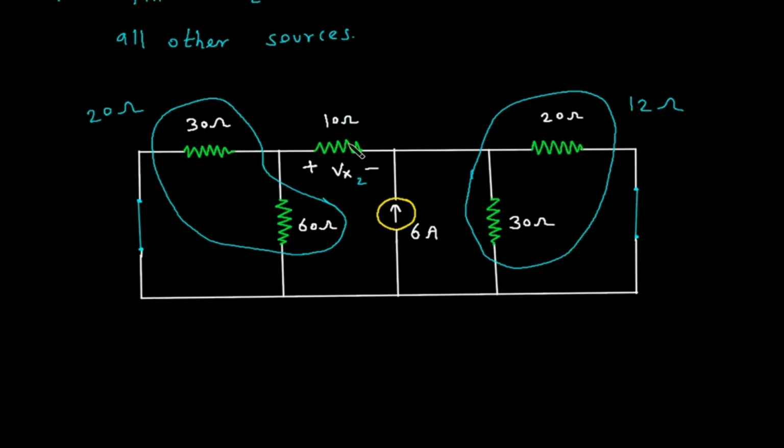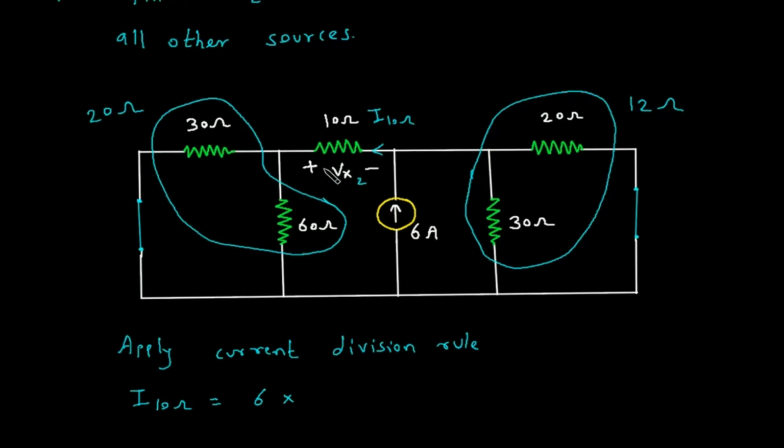Or directly we can find using current division rule. Let's say this is current I 10 ohm. So apply current division rule. So using current division rule, I 10 ohm is equal to this current, which is 6 ampere, into opposite branch resistance.